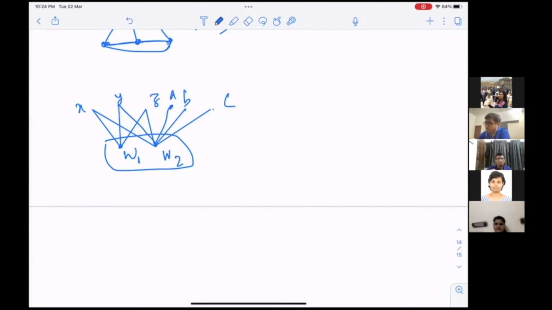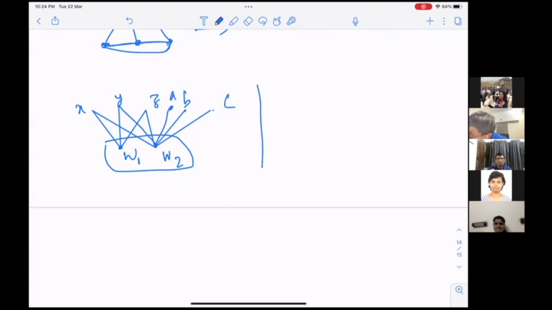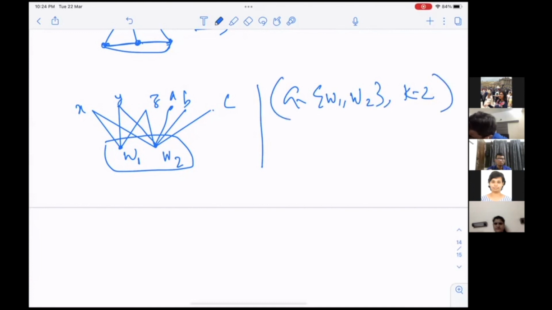He says the rule is: if you see such a situation in a graph, then G minus W1, W2 with K minus 2. Another says: I think we can remove W1 and decrease the budget by 1.